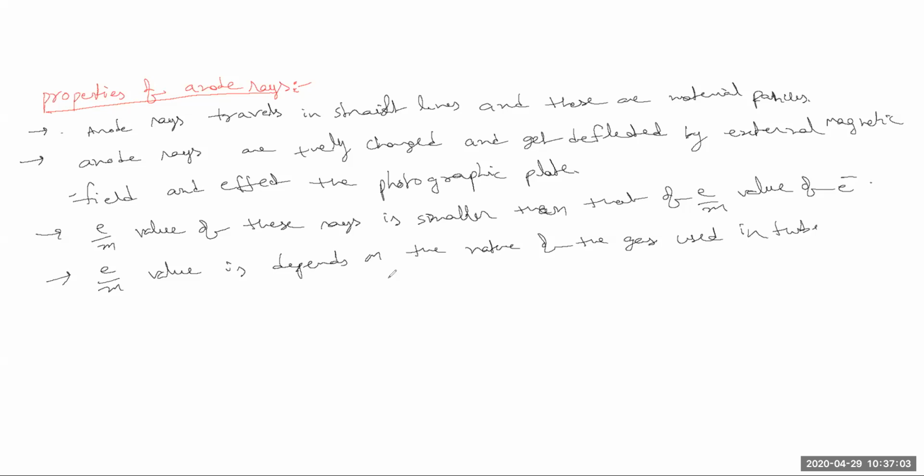So what gas is taken? If it's hydrogen gas, helium gas, whatever it is, because the particles are not emitted from the anode. The anode rays are emitted from the gas only, the ionized gas, not from the anode plate.